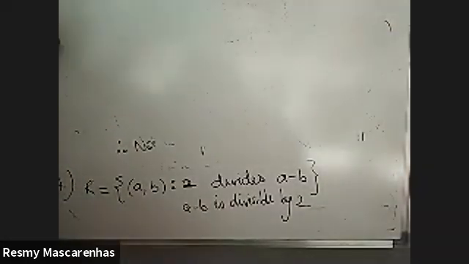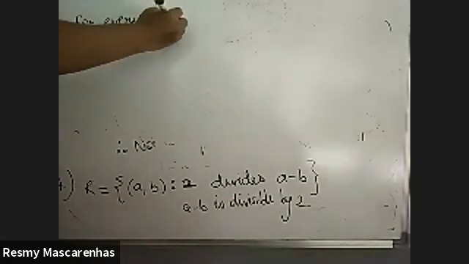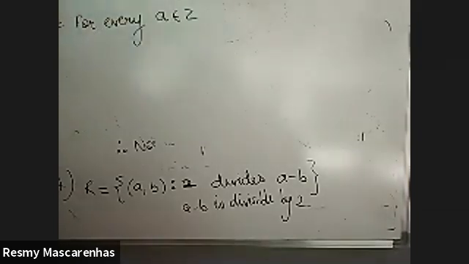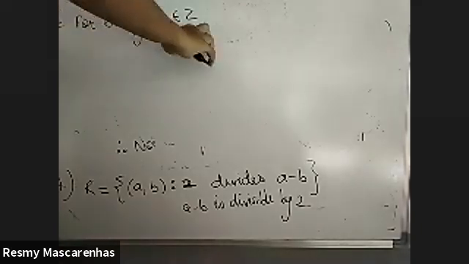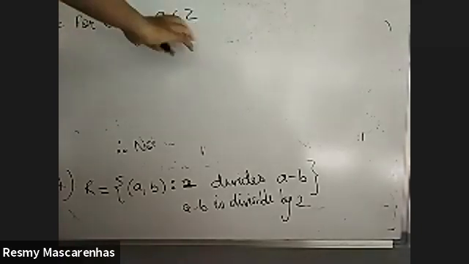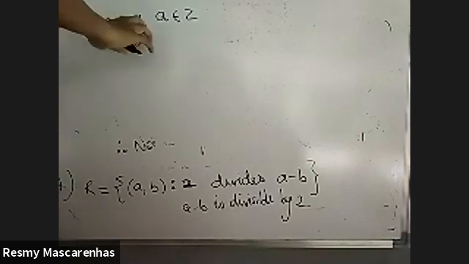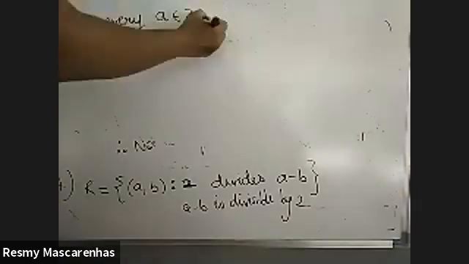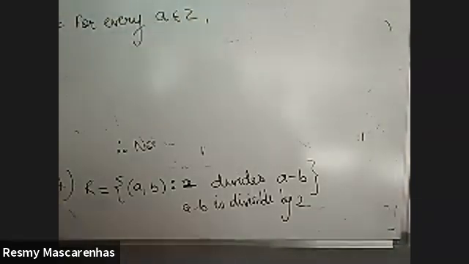So the solution, you can start like this. For every A belonging to Z, or even if you forget to write this, no problem. Now first we have to check reflexive.